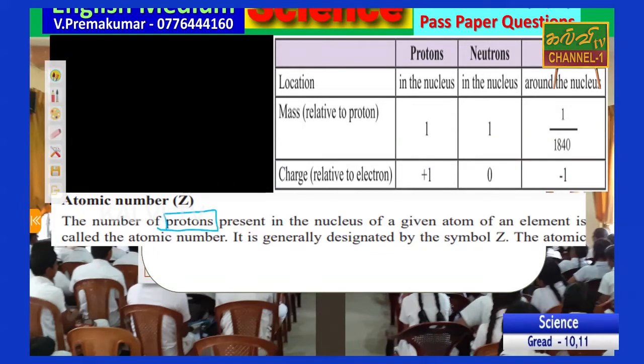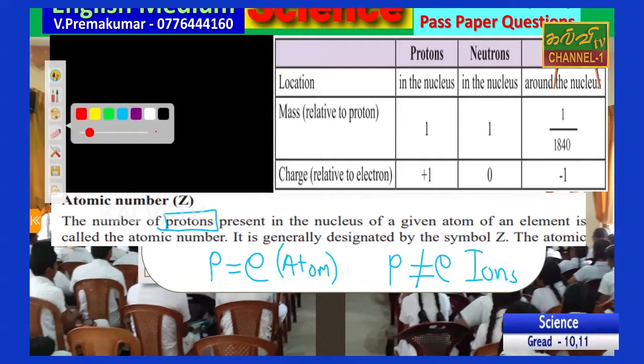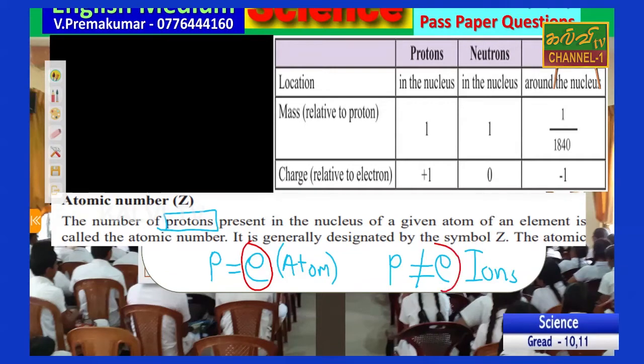But fortunately, protons are equal to electrons in atoms, not ions. Protons are not equal to electrons in ions, because the number of electrons can change here and there.